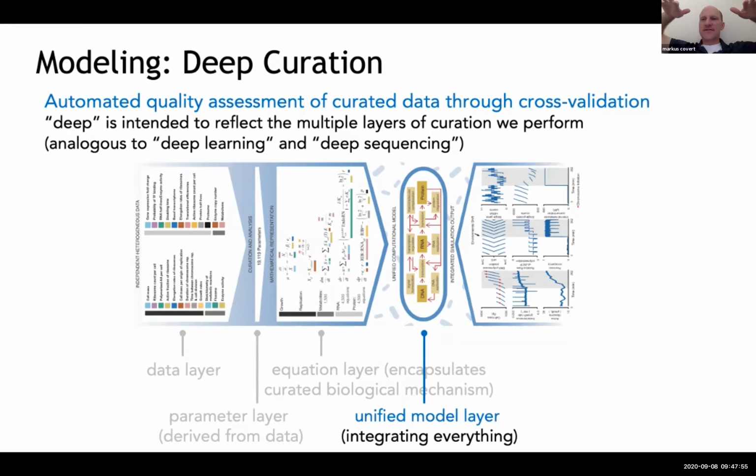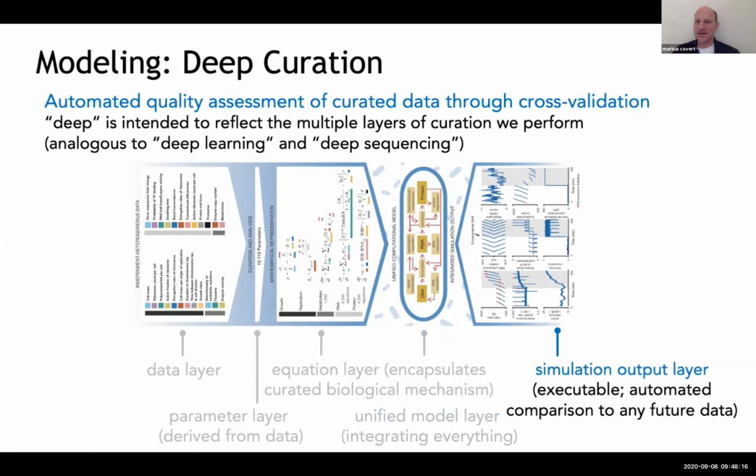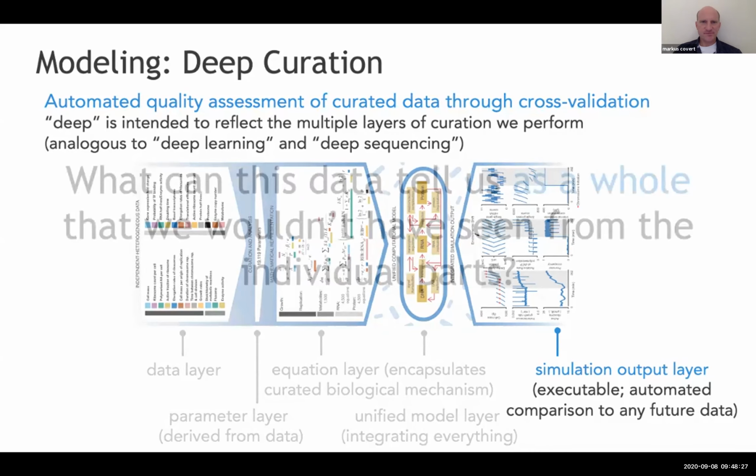At the data level, they're not all connected, but as you go down into the parameters, into the equations, and finally into the model, every single parameter or piece of data can be traced and connected to every single other, which gives you the opportunity to compare them against each other, right? And the way that you do that is through this simulation output layer, which also then enables us to do automated comparisons to future insights and future studies. So that's what deep curation is about.